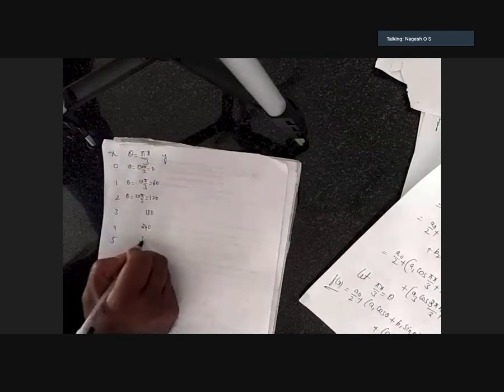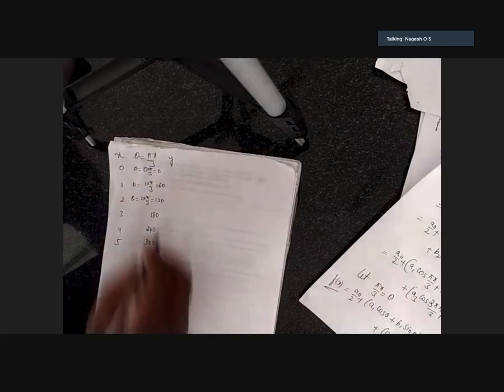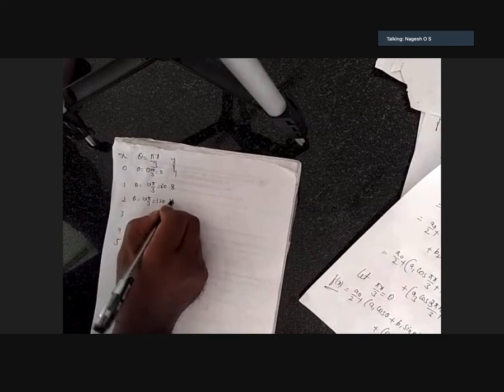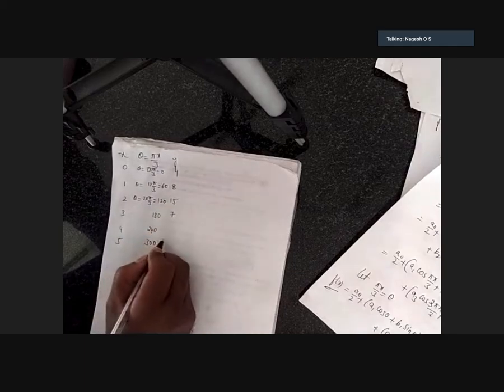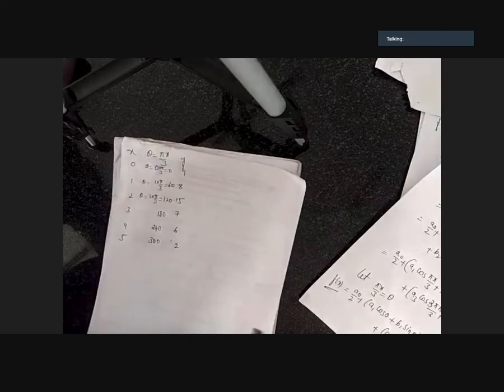This is 180 degrees, 240 degrees, 300 degrees. See, again it is changed to degrees. Now y as it is. Y is 4, 8, 15, 7, 6, 2.